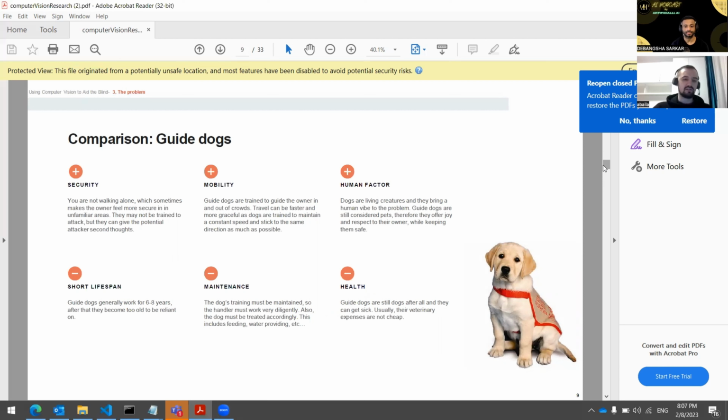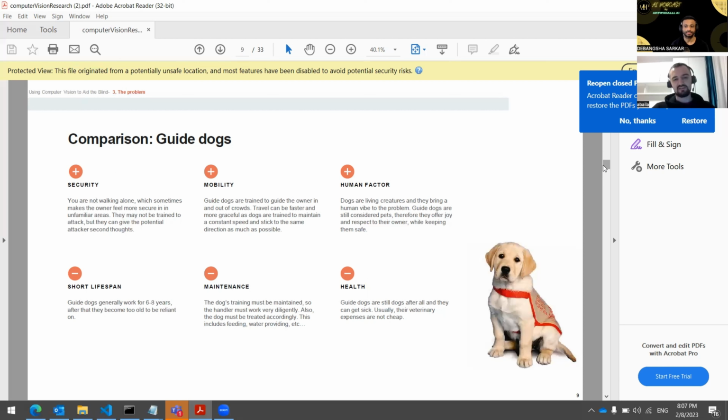On the other hand, dogs in general have a short lifespan, and guide dogs have an even shorter career. They generally work for a maximum of about 8 years, and then they become too old to rely on.